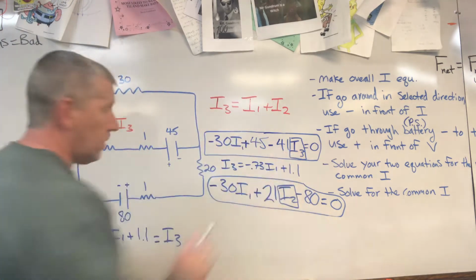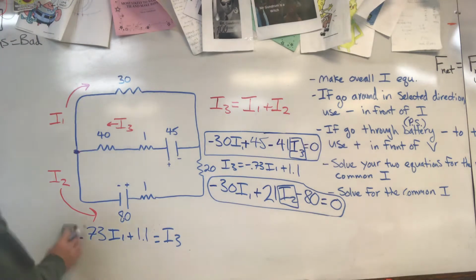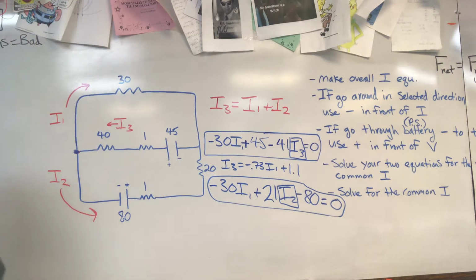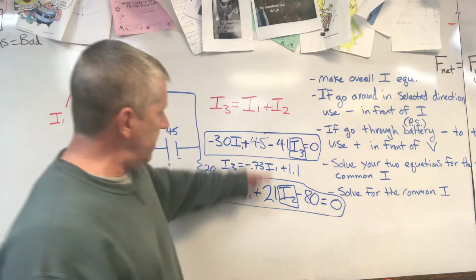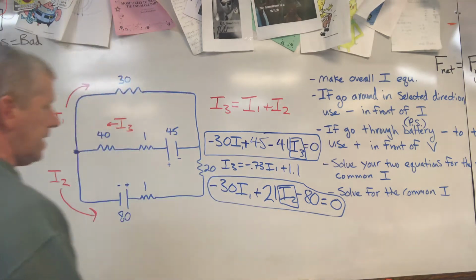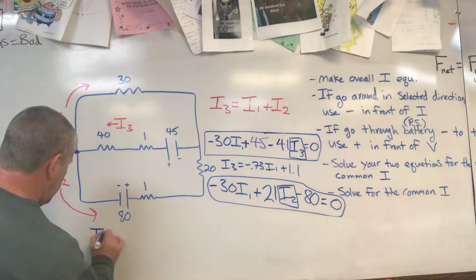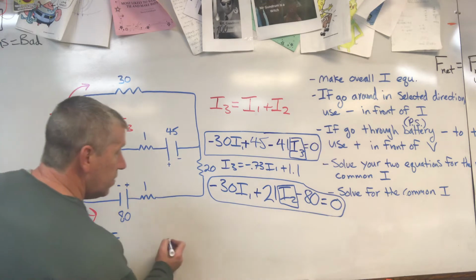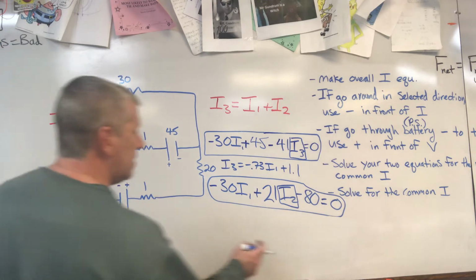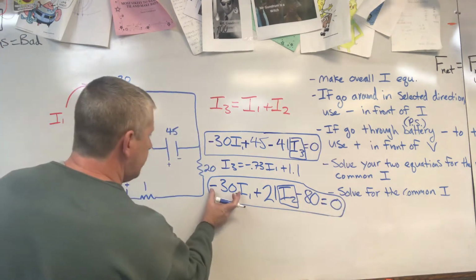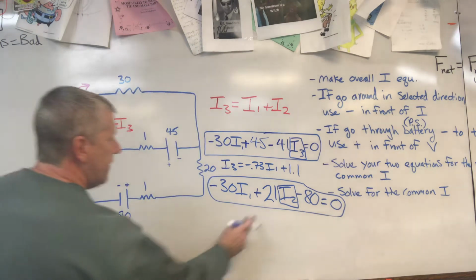That equation is now solved for the non-common term. The non-common term in the other equation is my I2. I'll solve for I2. Let's move 80 to the side and negative 30 I1 to the side and divide by 21.